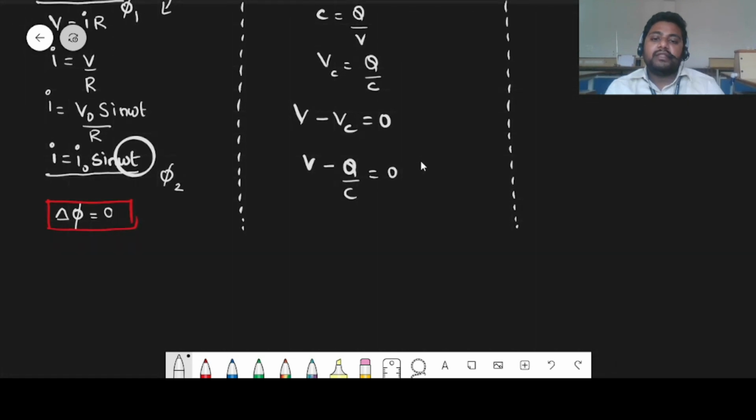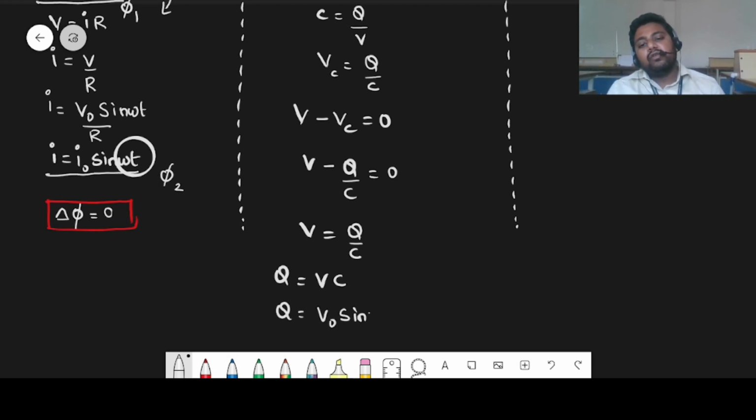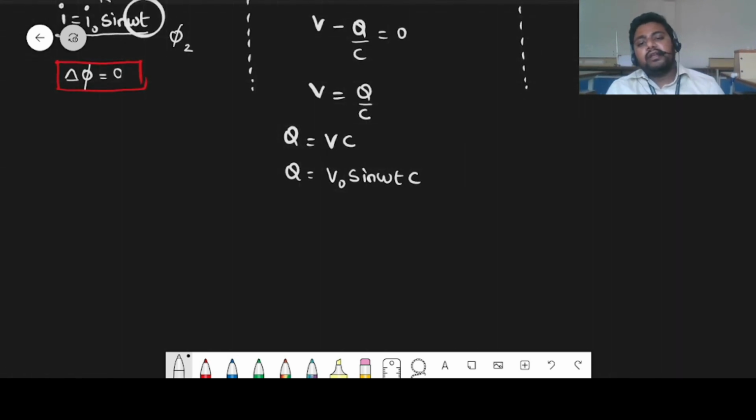If we write this equation further, V is equal to Q by C, so we can write Q is equal to V into C. So from this equation, Q can be written as V naught sine omega t into C. Now, to understand the current in this circuit, I, which is nothing but dq by dt, I can differentiate this equation, d by dt of V naught C sine omega t.